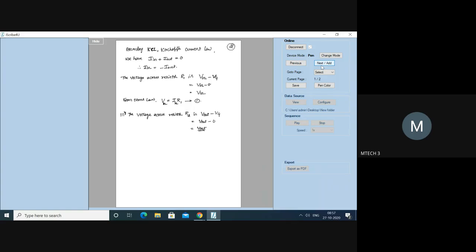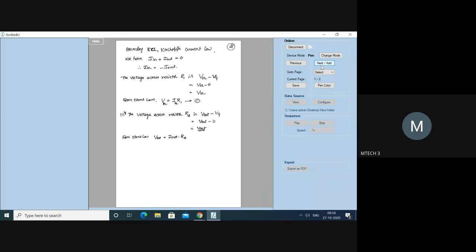Again from Ohm's law, Vout will be equal to Iout into R2.